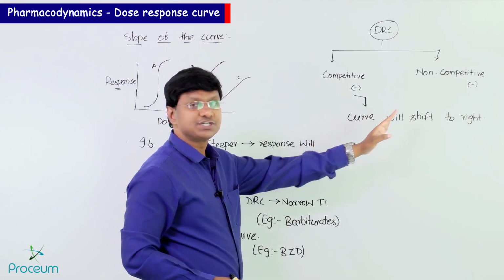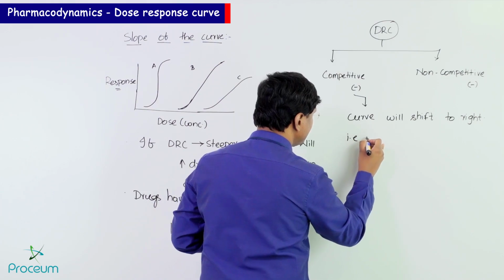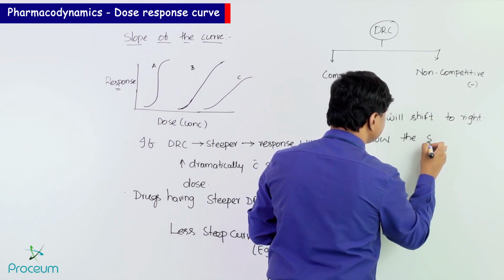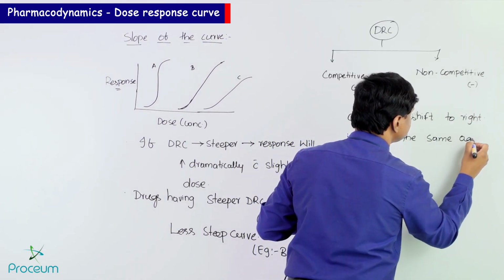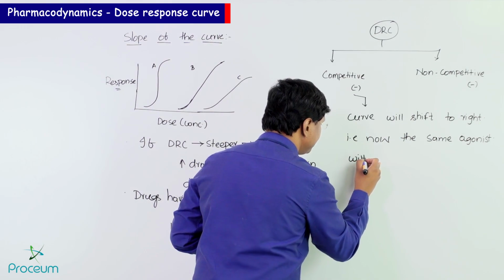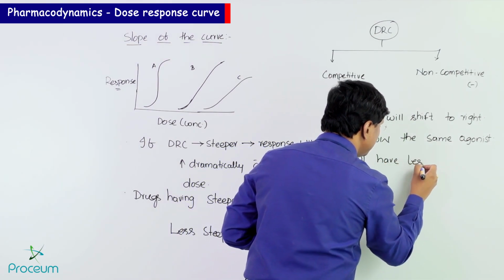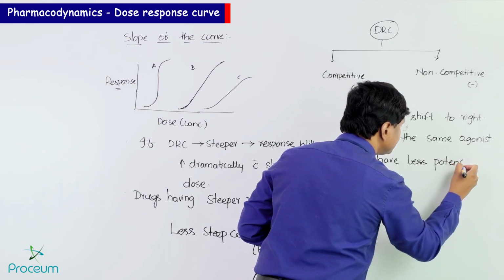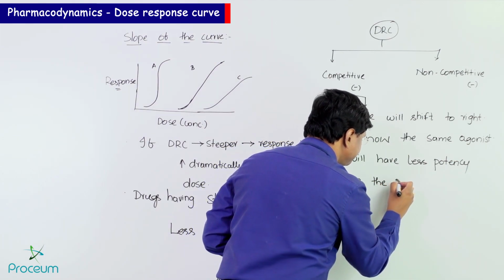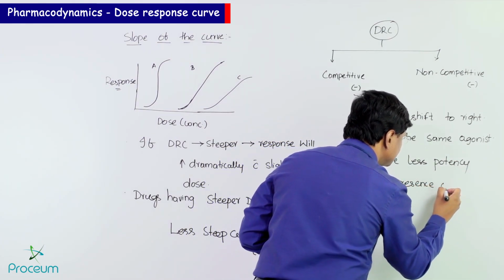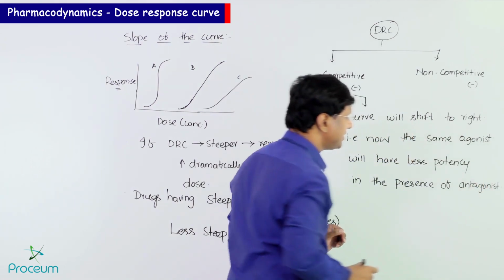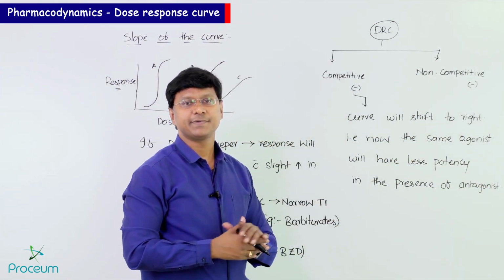Okay, so the curve will shift to right. That is, now the same agonist will have less potency in the presence of antagonist.